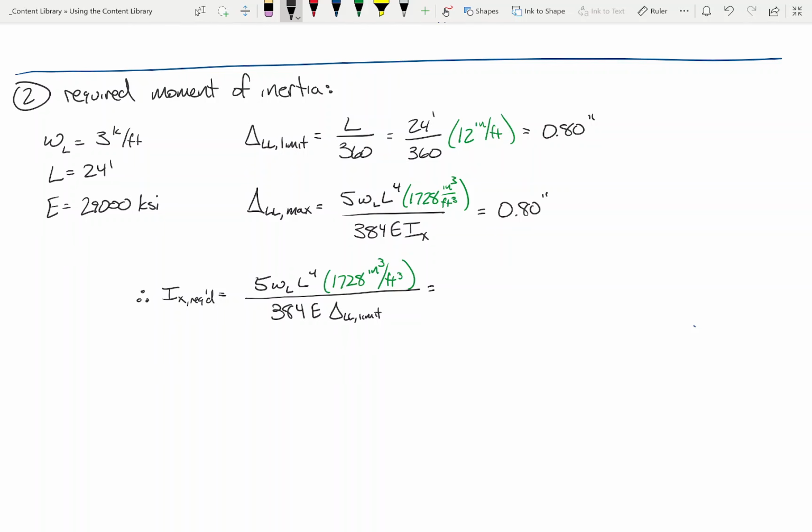So that's going to be 5 times that times 24 feet. Don't forget to raise that to the 4th power.